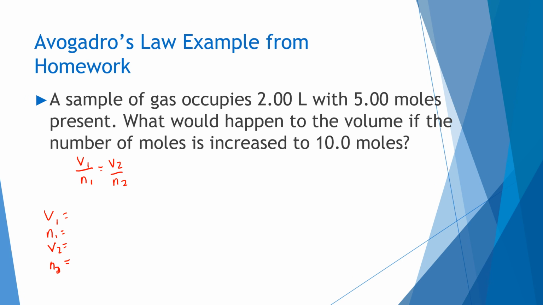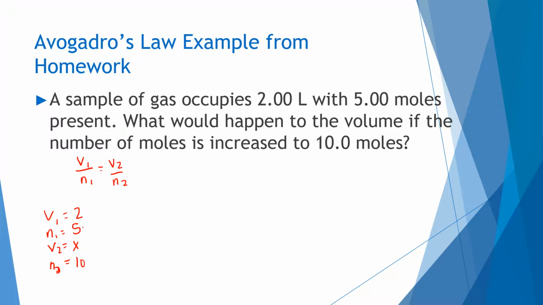So here we see words that indicate that there's going to be a change. It's going to increase to 10. So 10 would be my final number of moles. And since it's asking what would happen to the volume after that change, my volume for V2 is going to get X. From there, we can see that 2 liters would be my initial volume and 5 moles would be my initial number of moles.